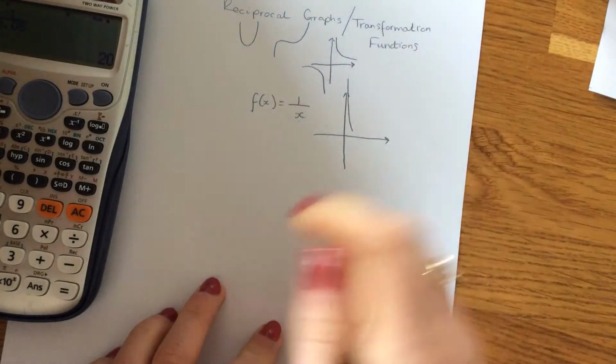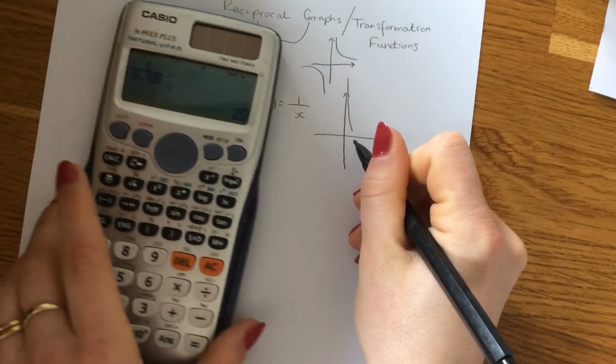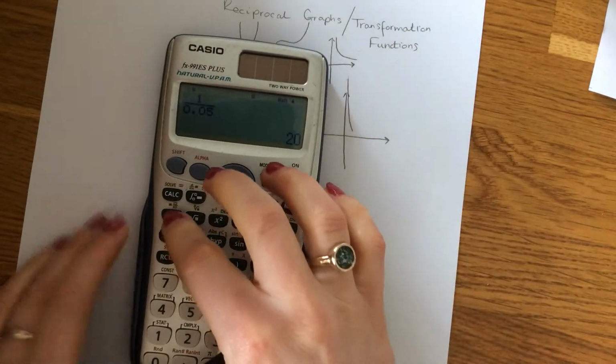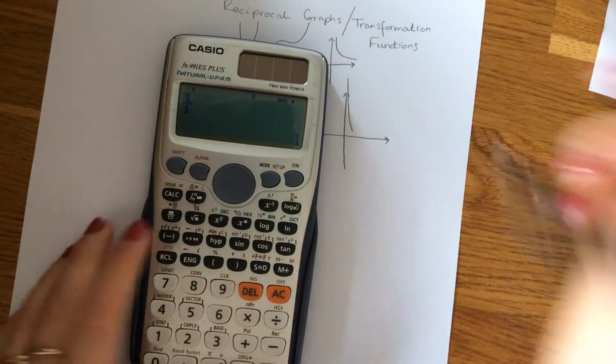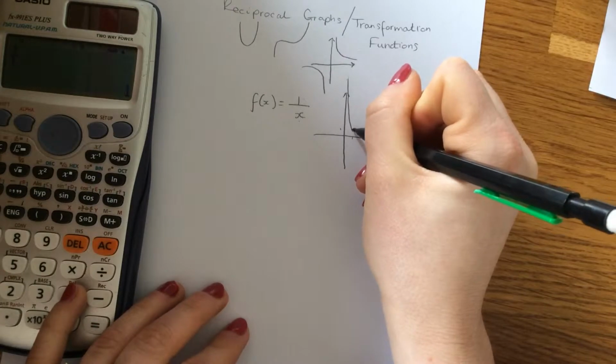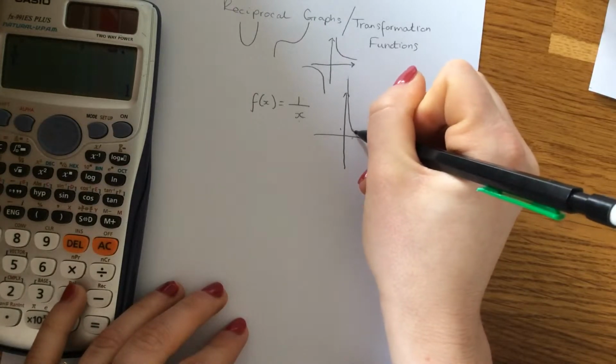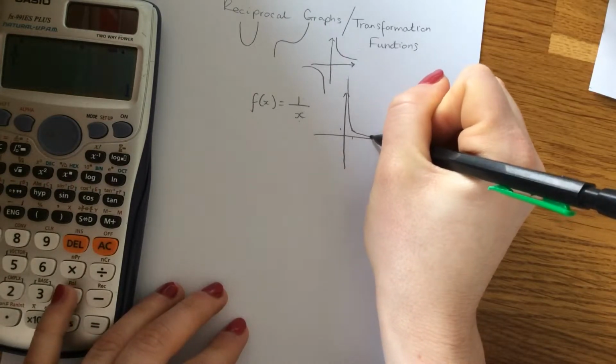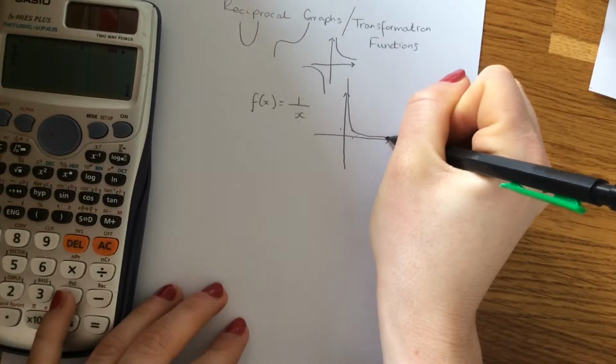And then when x is 1, 1 over 1 is obviously 1. And then it starts narrowing or shallowing, or plateauing, I think is the real word.